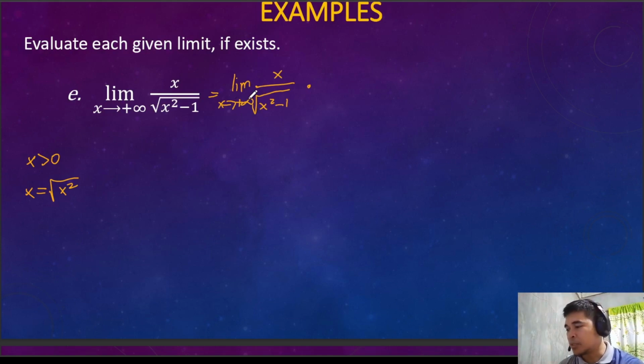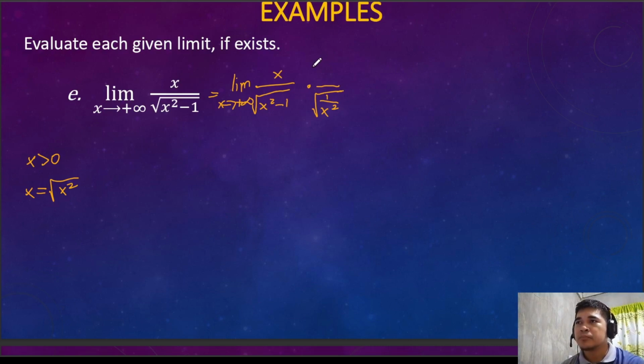So, we will use the same approach. In the denominator, we need to multiply it by the square root of 1 over x squared, which is the same also in the numerator, right? Okay, so you have the square root of 1 over x squared.